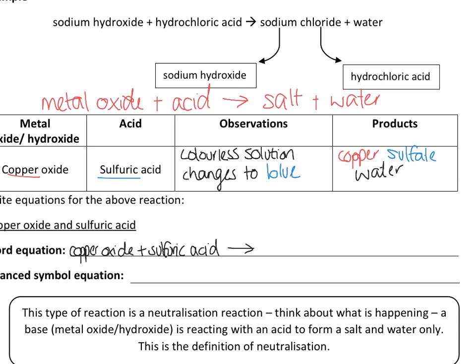So the name of our salt comes from our metal oxide and our acid. First part of the name from the metal oxide, and I ignore my oxide part, so it's just copper. Second part of the name from the acid, sulfuric acid, changes its ending to sulfate. And then I follow my general equation, see that I've got water being produced, so it's copper sulfate plus water.